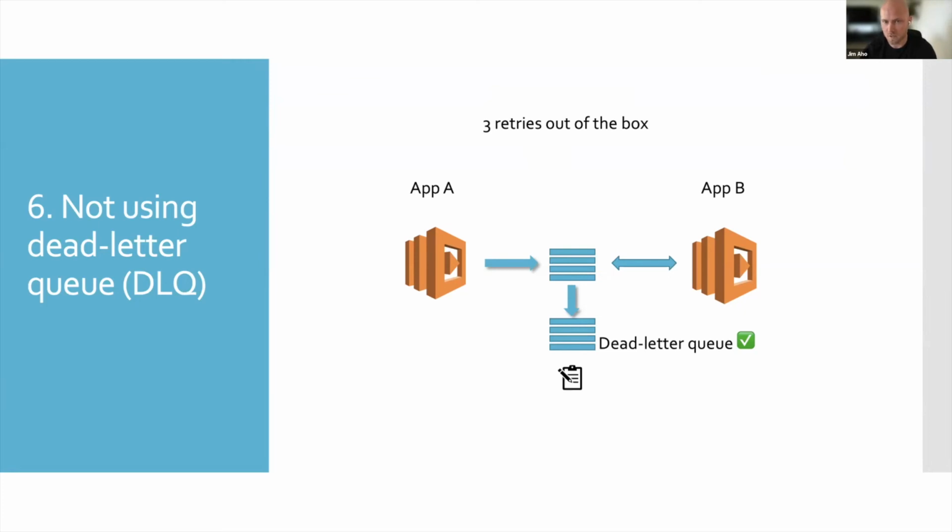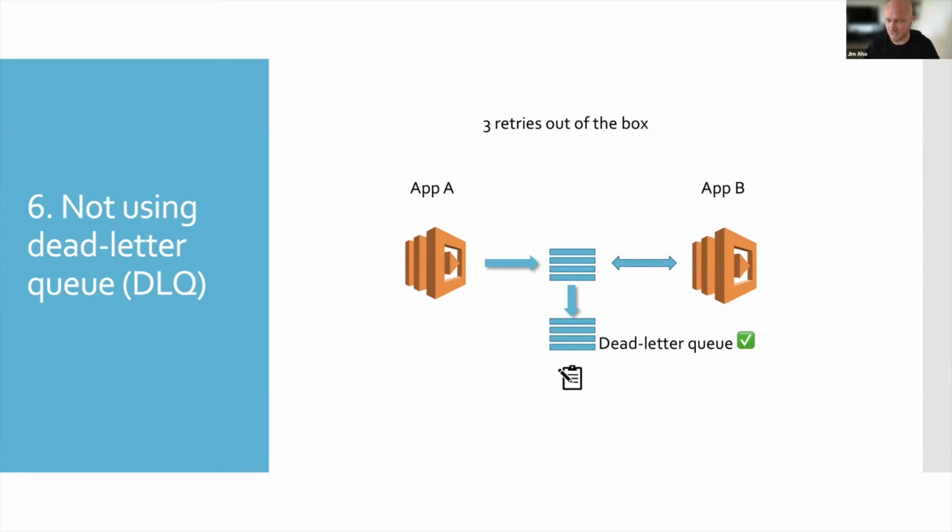So when the queue has made these 3 retries, please send the message to the dead letter queue. It's also worth keeping in mind that it's probably much easier to at least start with the dead letter queue, and then you might realize that for this specific application we don't really need it, and then you can just delete it. That's fine, but it's much harder the other way around.